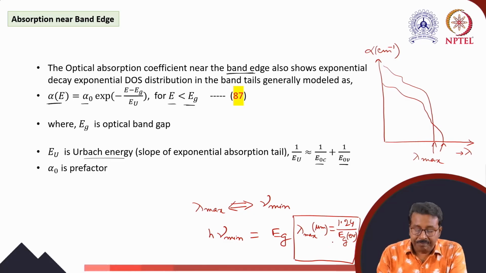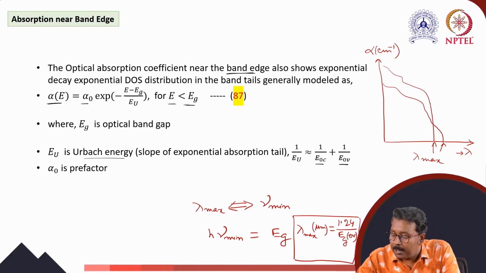But for an amorphous material, due to the presence of states in the forbidden gap, a tail in the absorption spectra is also present. It looks like this. So instead of a sharp fall, the spectra will look like this.